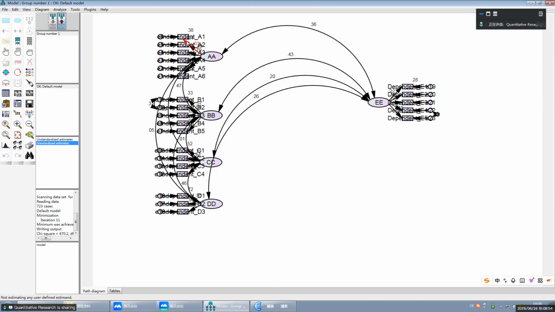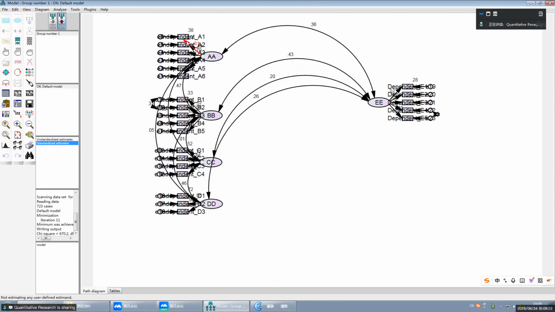This coefficient is the factor loading. So for each indicator, you can see a value. All of them are factor loadings for each atom.